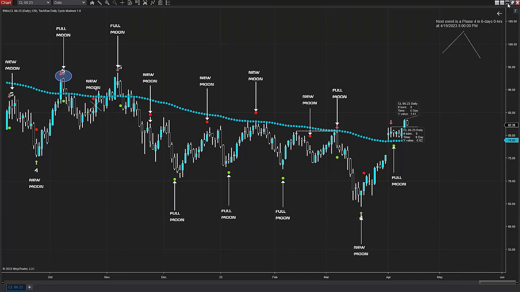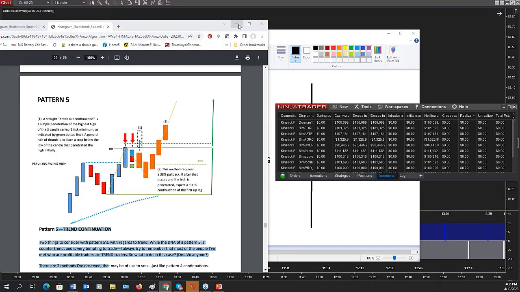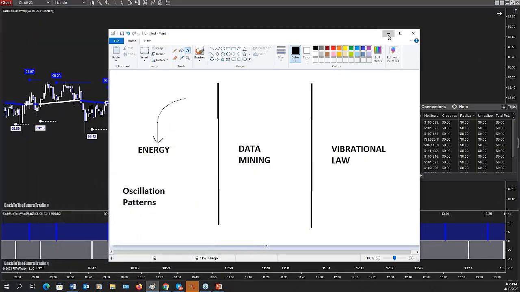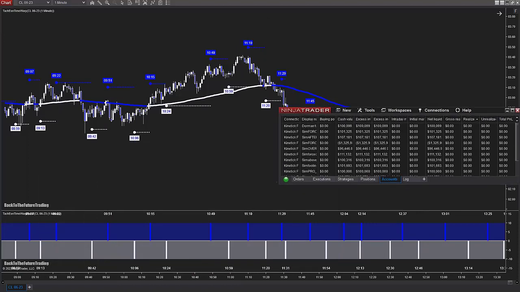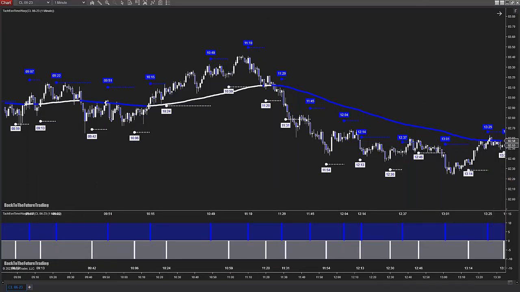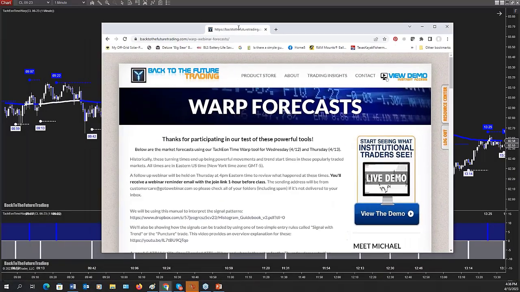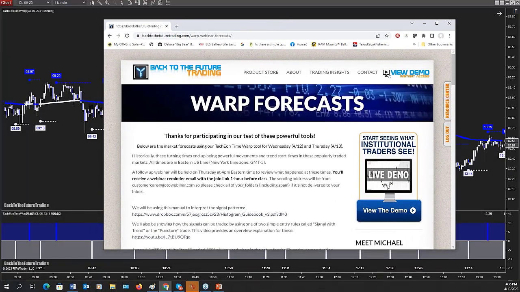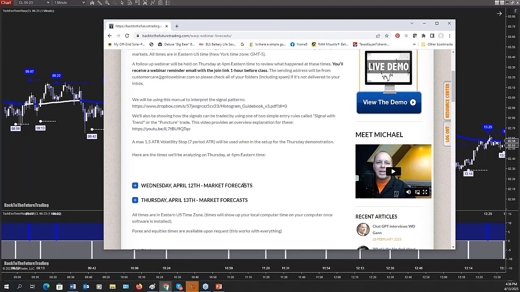Well, earlier this week, you guys all had access to charts that look like this. And for those of you that are taking the trial, there was a web page.